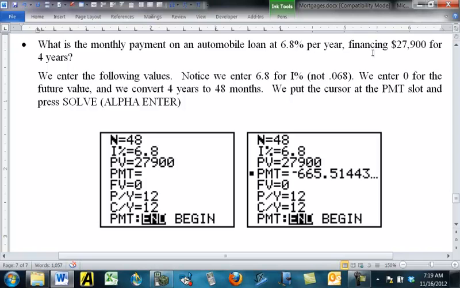The amount you're financing is the PV, 27,900, and the future value is 0. 12 payments per year, 12 conversions per year, and the end. Notice I left payment blank, and I put the cursor on the payment and hit solve, and it comes back and tells me my payment's going to be $665.51 a month.